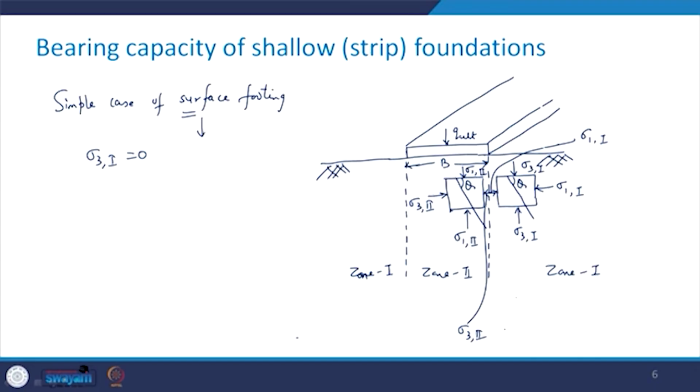So, as per Bell's approach, sigma 1 of zone 1 would be equal to sigma 3 of zone 2, and from here I will obtain sigma 1 of zone 2, and this is what is going to be the value of the ultimate bearing capacity.